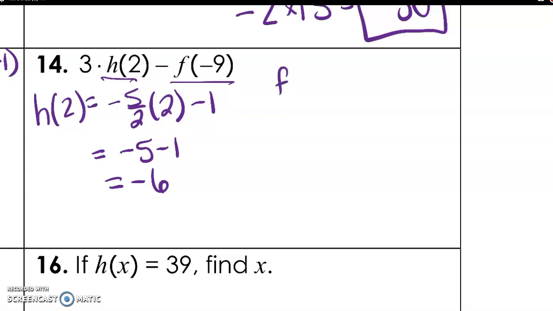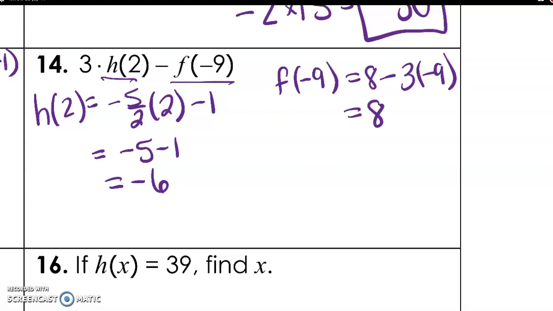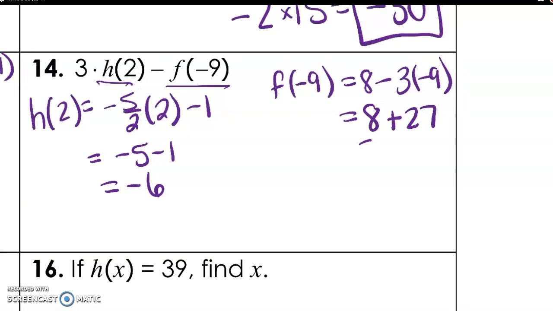Then we need to do f of -9. That's 8 minus 3 times -9. So that would be 8 minus negative, or just plus 27. And that gives us 35.